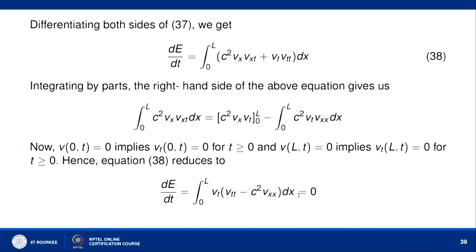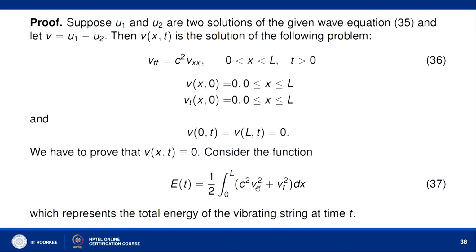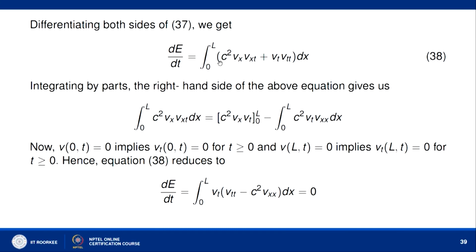Now, differentiate both sides of 37 with respect to t. So, dE by dt equals integral from 0 to l. When you differentiate c square vx square, it is 2 vx vxt, and here it is 2 vt vtt. So, we write it as integral from 0 to l of c square vx vxt plus vt vtt dx. Now, integrating by parts this part with respect to dx, we have integral from 0 to l of c square vx vxt dx.